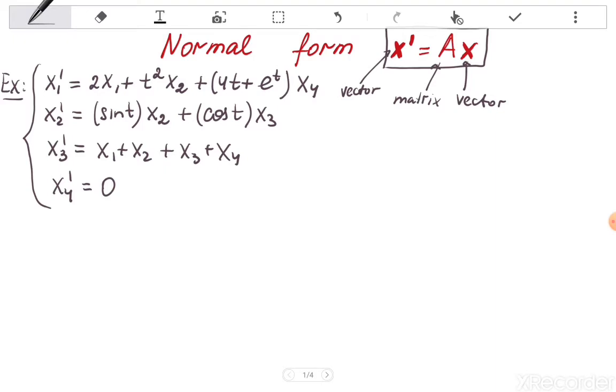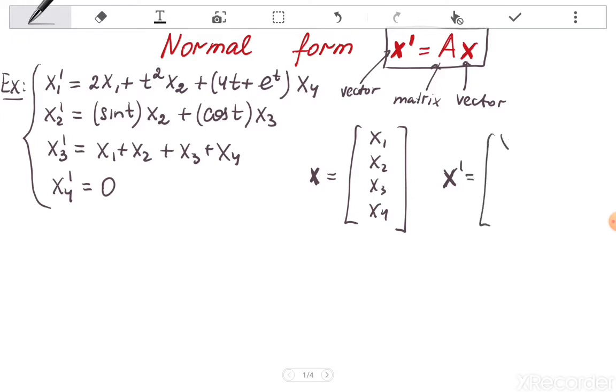On the left side you see only derivatives here, and on the right side you see only the functions x1, x2, can be x3 and x4. So now the vector x, this bold x, will be the vector of 4 components, and then the vector x bold prime will be the vector of the derivatives.